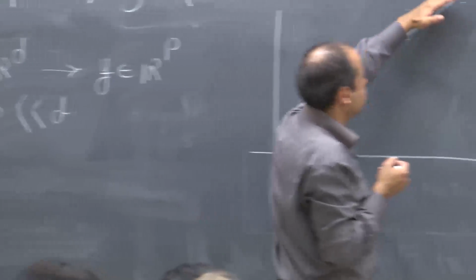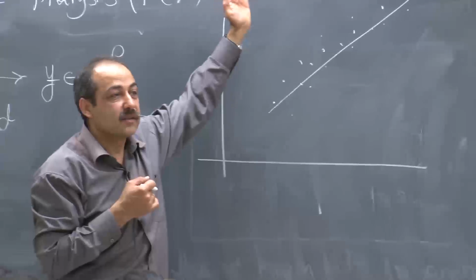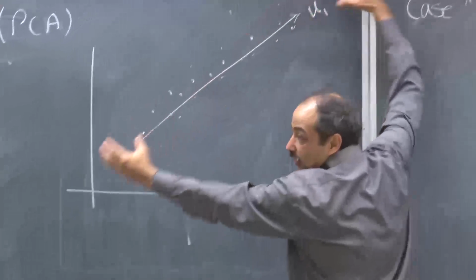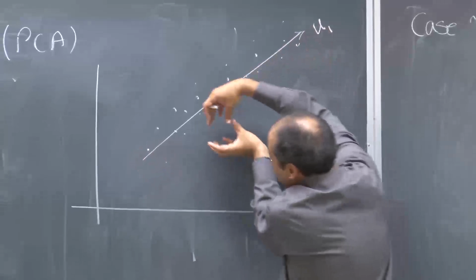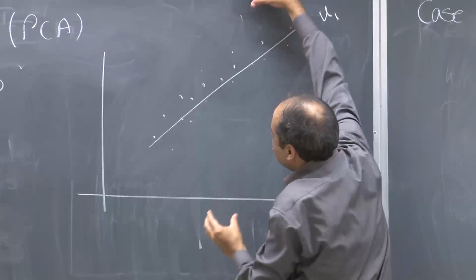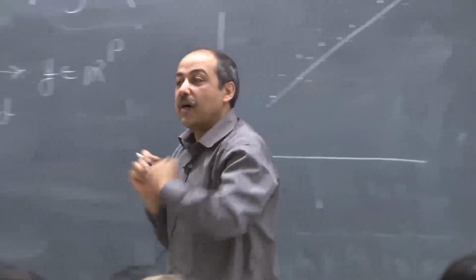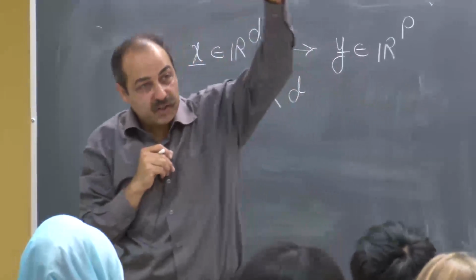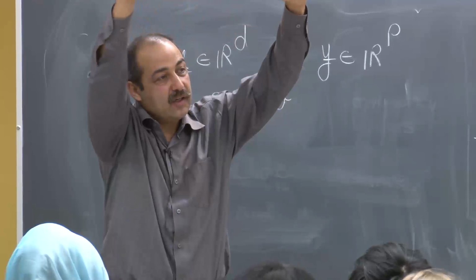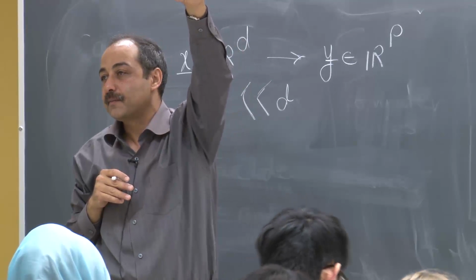If I look at this set of data, consider all possible directions. This is the variation of the data in this direction. The variation of data in this direction is way less. The variation of the data in this direction is less than this one. So I'm searching for the direction that captures the maximum variation of the data, and I call that direction the first principal component.